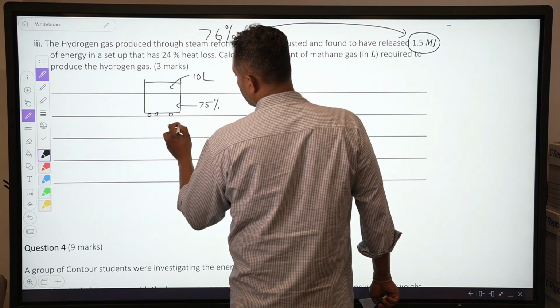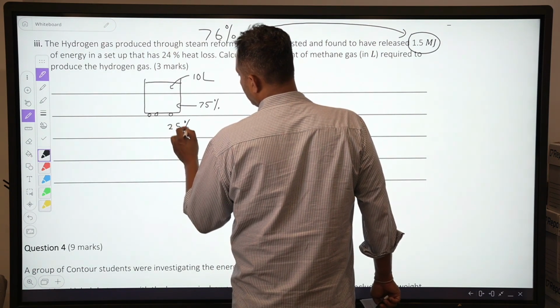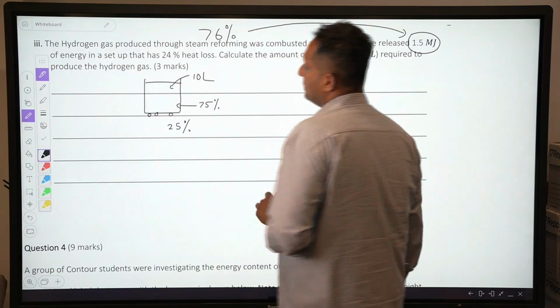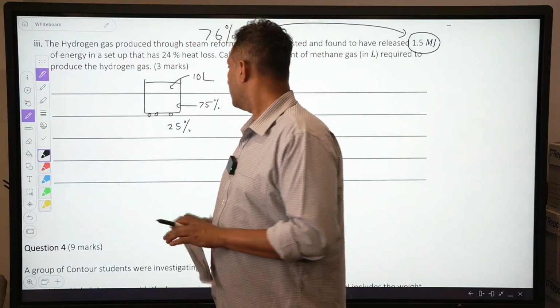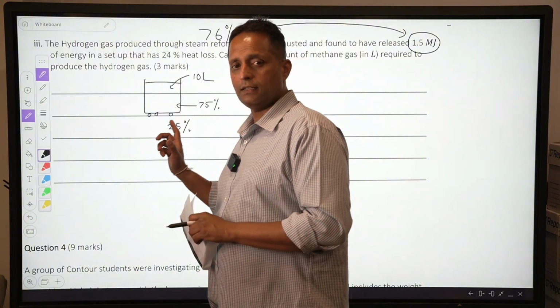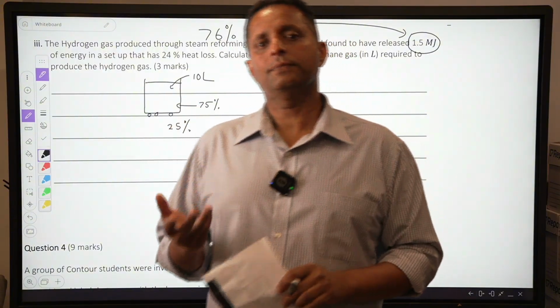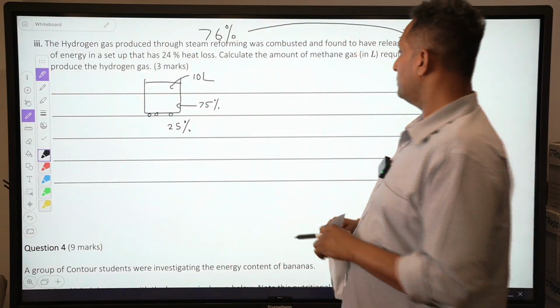And 25% is going to be lost. So if you put 10 liters, only 75% of that is going to be left in the bucket.